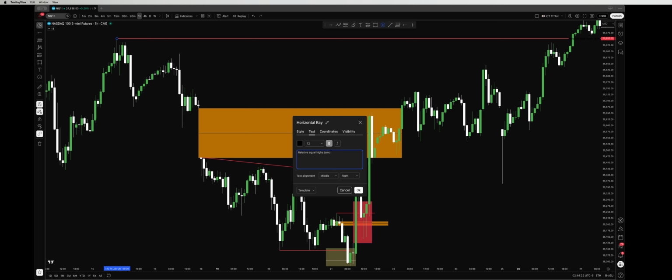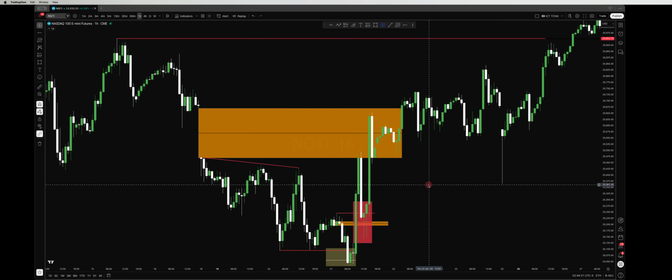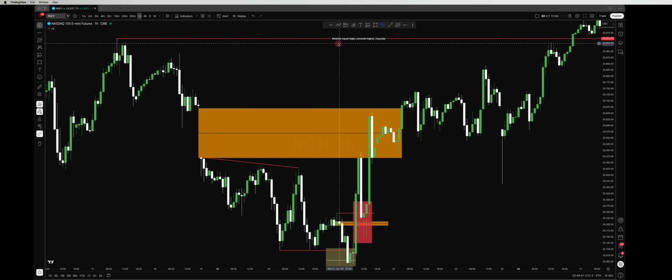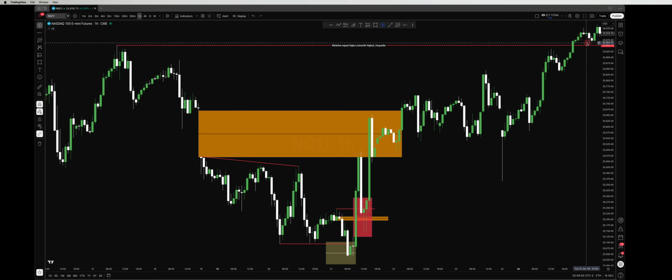Also known as smooth highs, right, and buy side. So relative equal highs, smooth highs, buy side are the same thing. Okay, so we are targeting here, and then these are just for the runners.